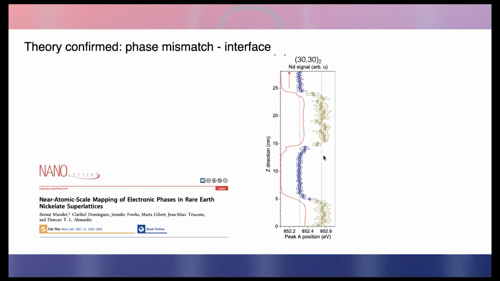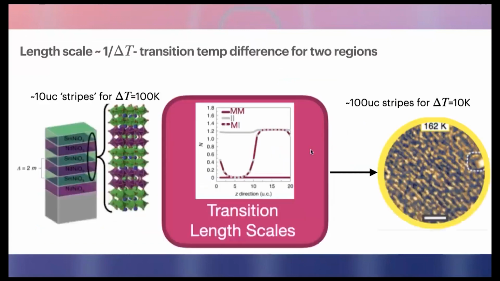And one of the cool things was, this is very much confirmed by EELS measurements, where they basically looked at the order parameters as a function of number of layers, and you see that the part that is away from the bulk is really confined to the interface.